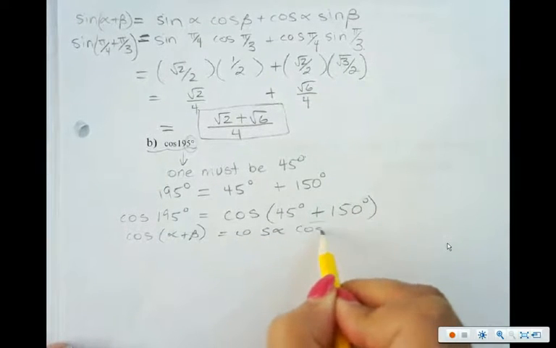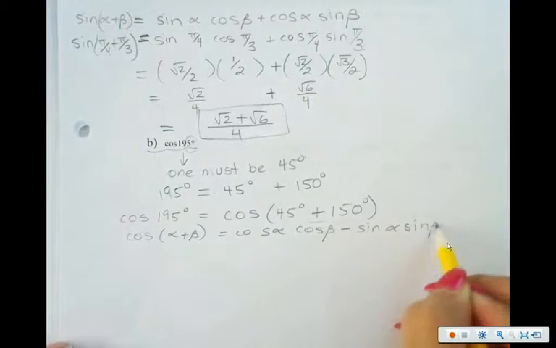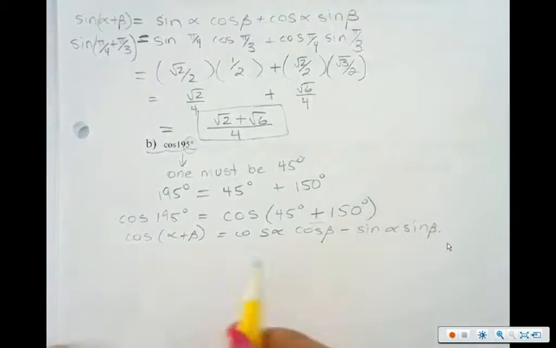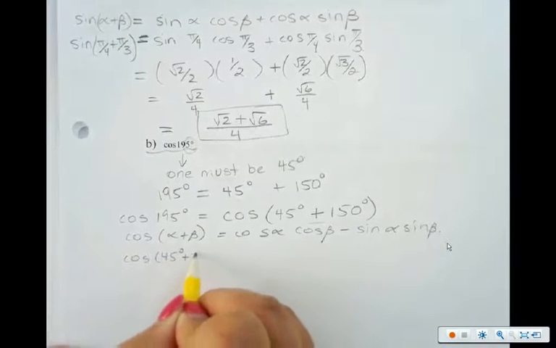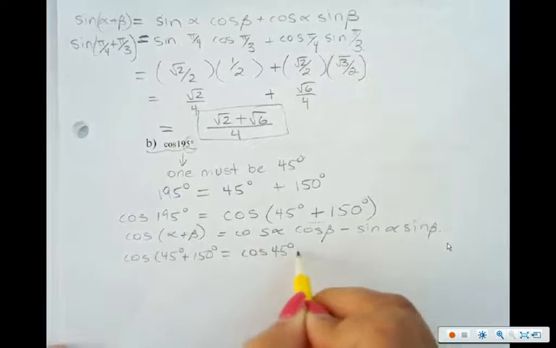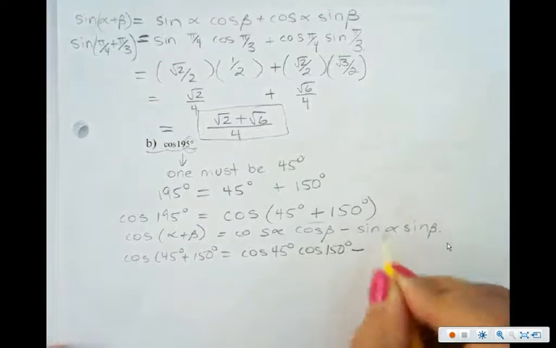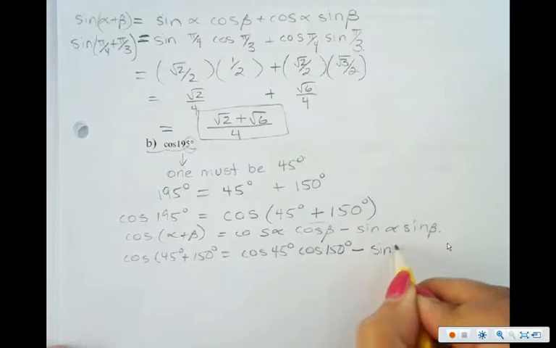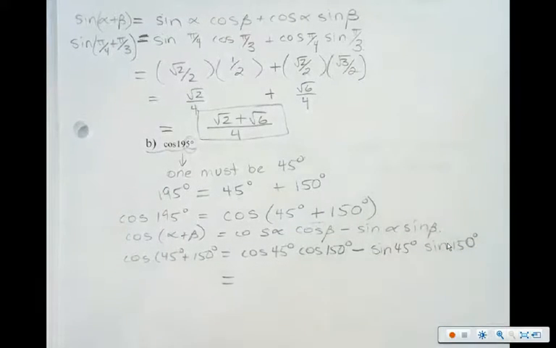Cos alpha cos beta minus sine alpha sine beta. So cos of 45 degrees plus 150 degrees equals cos 45 cos 150 minus sine of 45 and sine of 150.